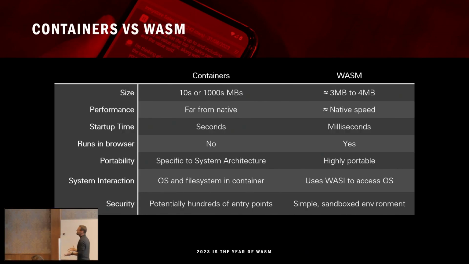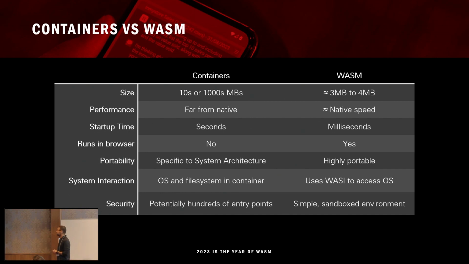And just a bit of comparison about the two technologies. So in terms of size, containers are typically tens of meg or gigabytes in size. If you look at the Progress Enterprise Database Docker container, it's 880-something meg. Wasm or WebAssembly applications compiled are 3 or 4 meg.